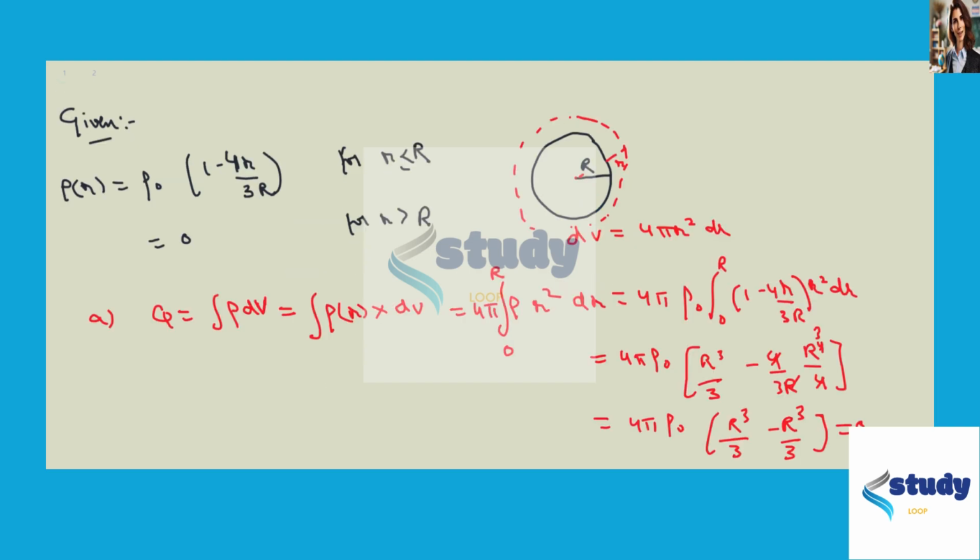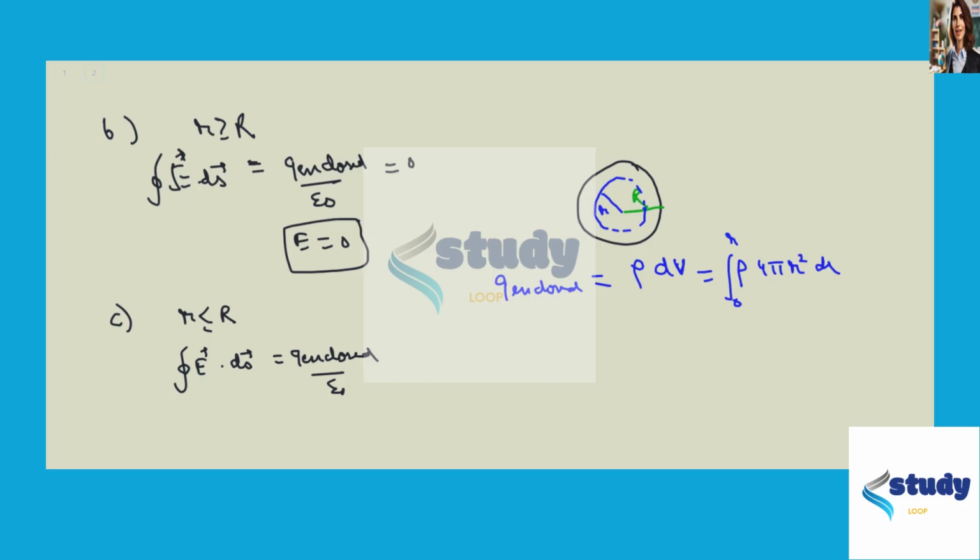We can put in the value of rho, which is this one. So this comes out to be 4 pi rho naught times the integral from 0 to r of r square dr, minus 4r cube over 3 capital R dr, integrated from 0 to r, and that would be your total enclosed charge.